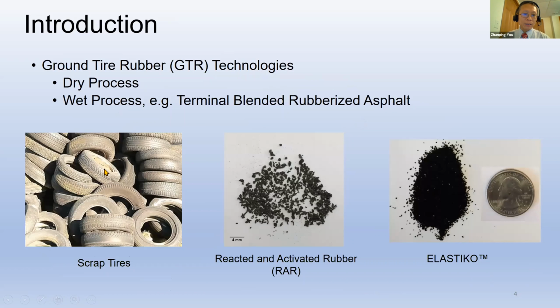Basically, we break down tires into small pieces, for example several pieces like here, and then into small powders. Anywhere from 30 to 50 mesh will be pretty good. In general, we have two processes, one called the dry process, the other called the wet process. The wet process means you use this powder to make new asphalt binder at a central asphalt place.